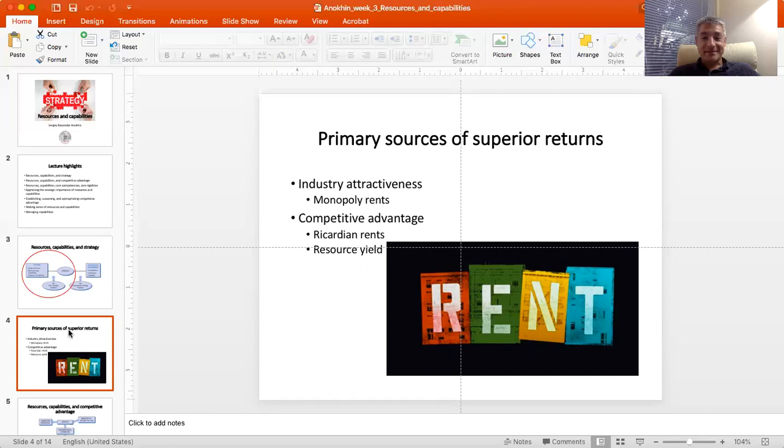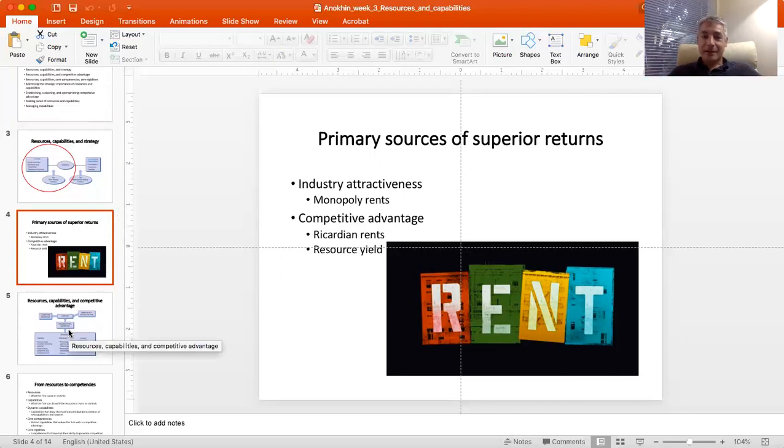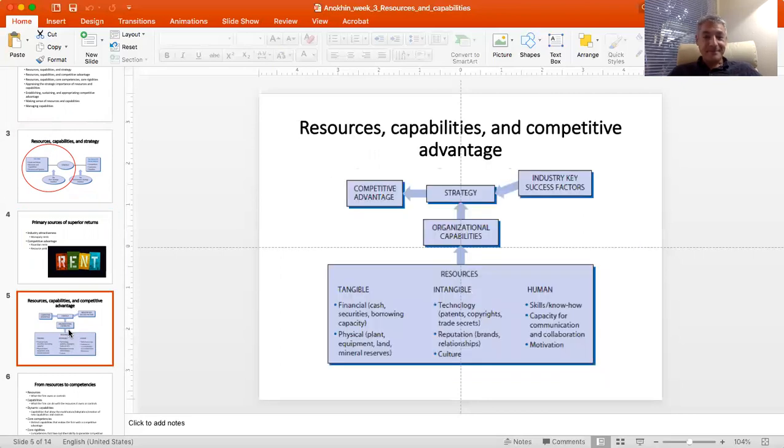If at some point you hear me or someone else talk about Ricardian rents, keep in mind that this is about competitive advantage, about your resources and capabilities, and that has to do with David Ricardo, who wrote an important book about that several hundred years ago.